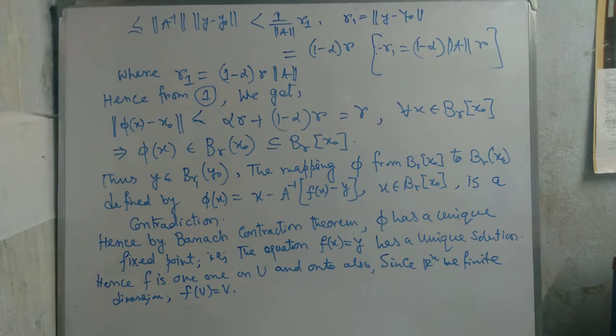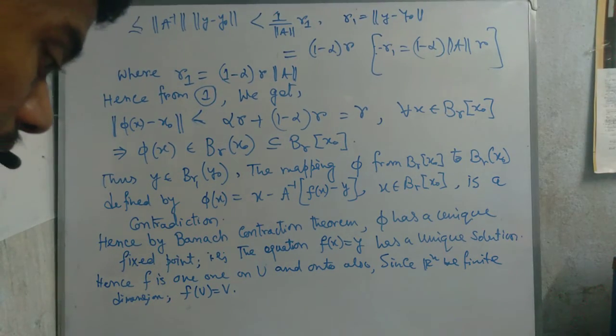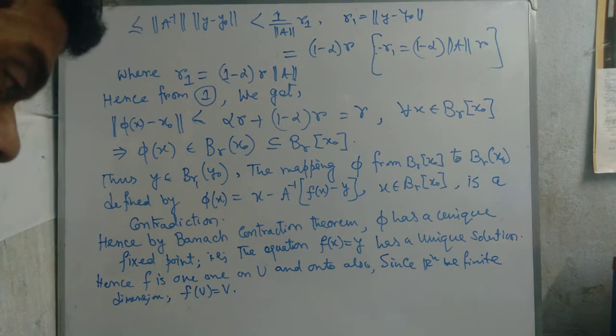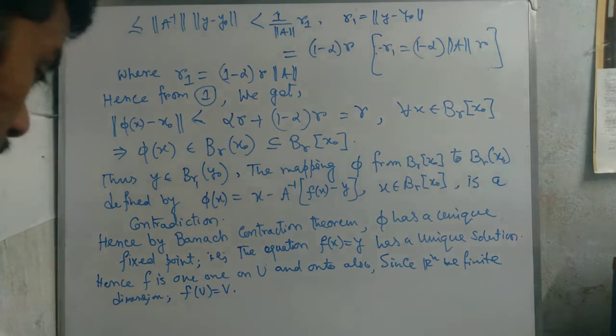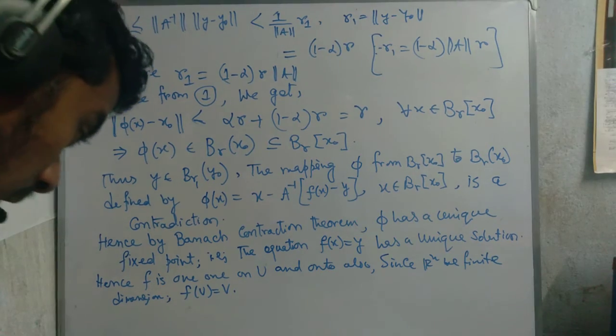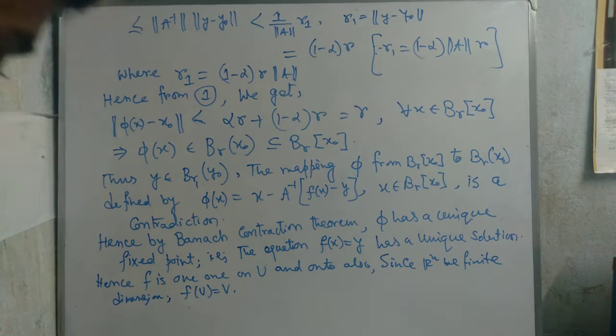Now we go to the second proof of this theorem. In the first proof, in the first step we set A equal to f dash of c and then discussed that. In the first step we write just f dash is continuous, and in the second step we define phi(x) and see that phi is a contraction. In the third step we see phi is a contraction from U to itself.